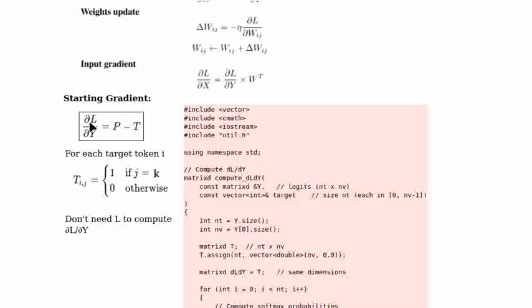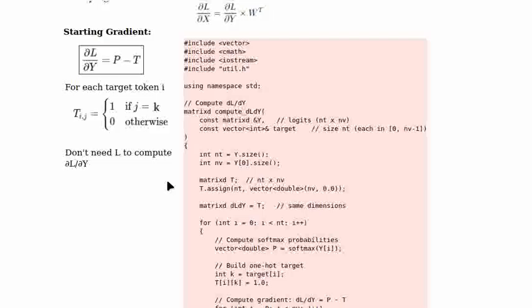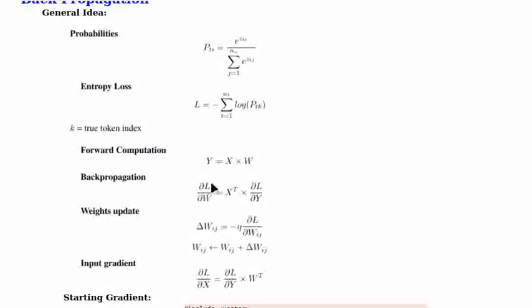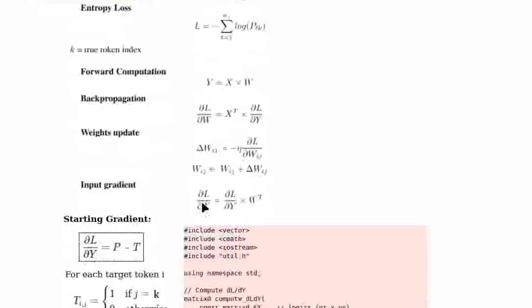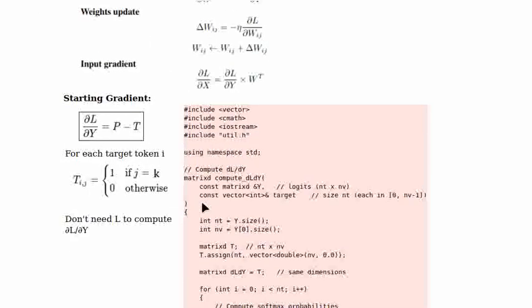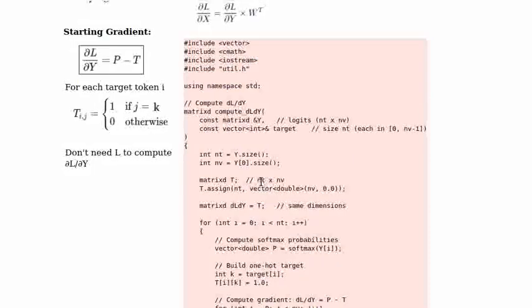So once we get the dL dY, we can compute the gradient with respect to the weights. Now this is a simple program that computes dL dY from the P and T. So the input matrix is our Y, or the logits. The dimension is NT times NV, and target is of size NT.